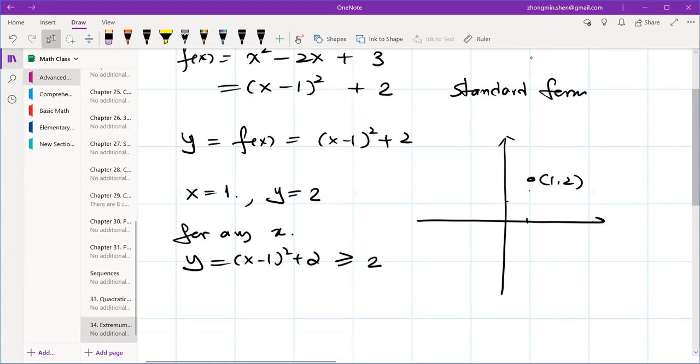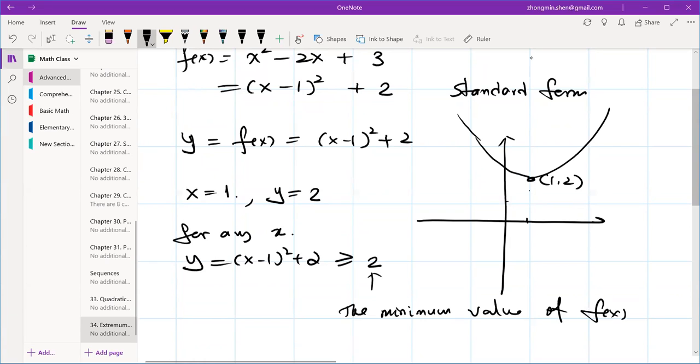So the graph is always above 2. This is the graph, okay? So 2 is going to be the minimum value, the smallest value of this function f of x, okay.